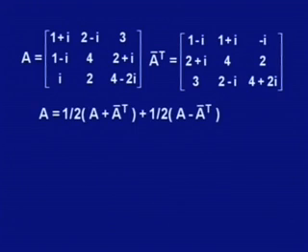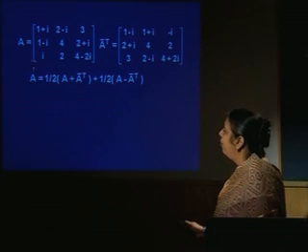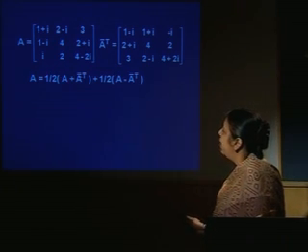Now, any matrix A can be written as this sum, like we have done for real matrices. A is written as half A plus A bar transpose plus half A minus A bar transpose.